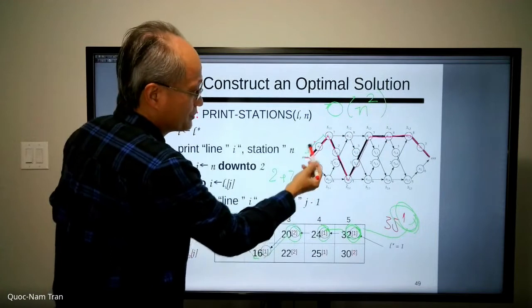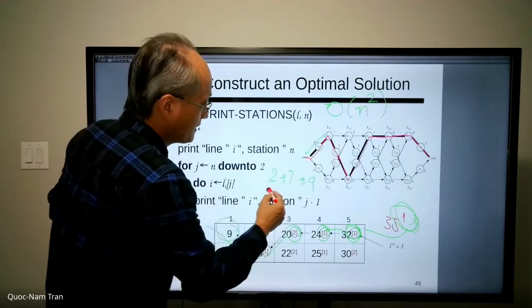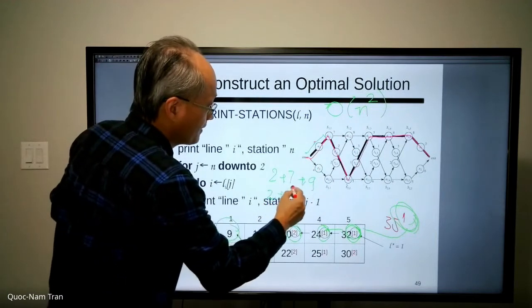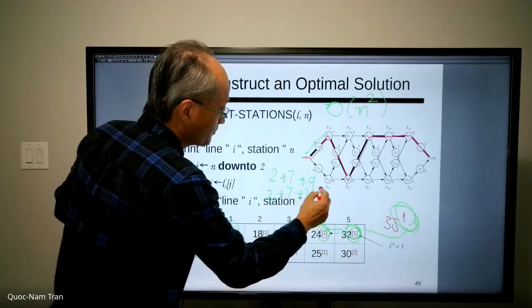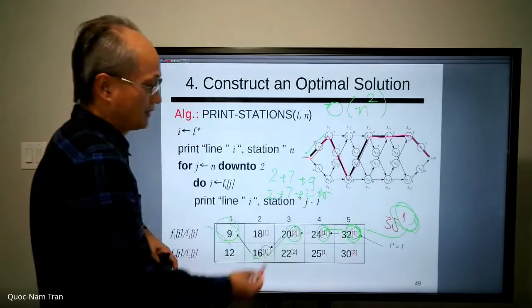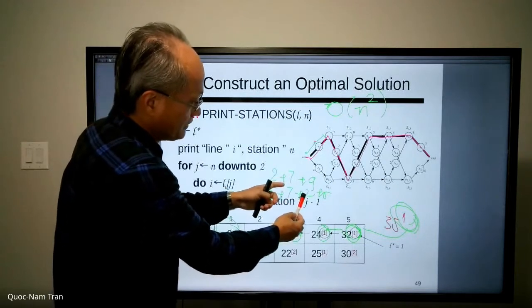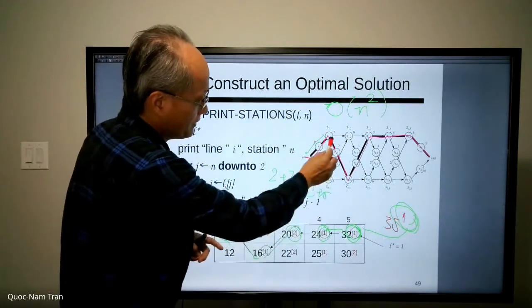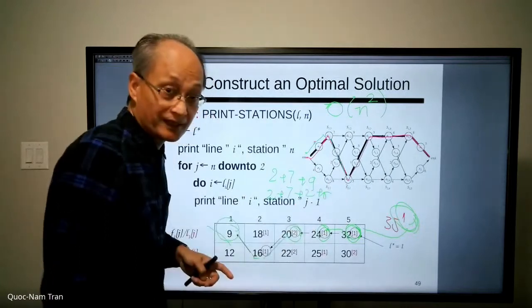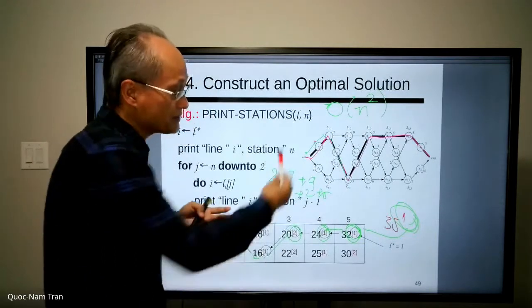Now you have 2 plus 7 plus 2 plus 5. Here you have 2, 7, and 2 plus 5, 7. So this one will be the smallest way, so you would have the same result.